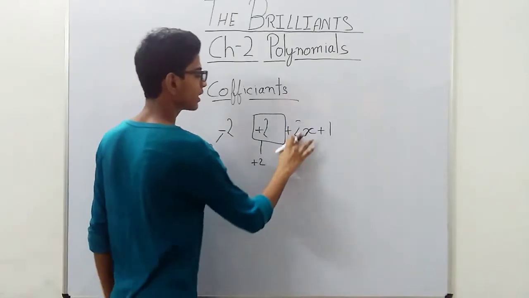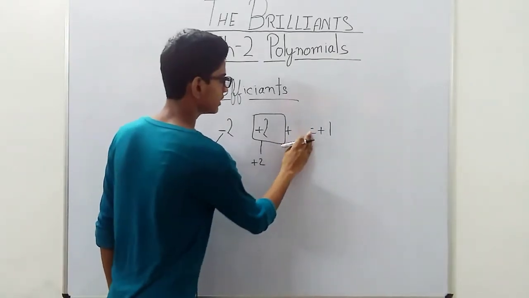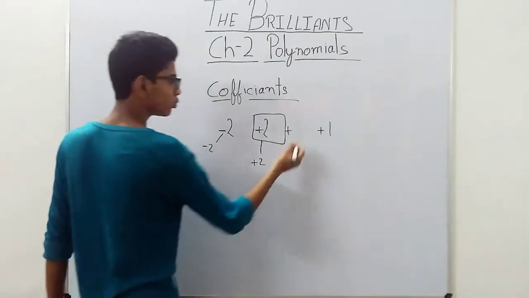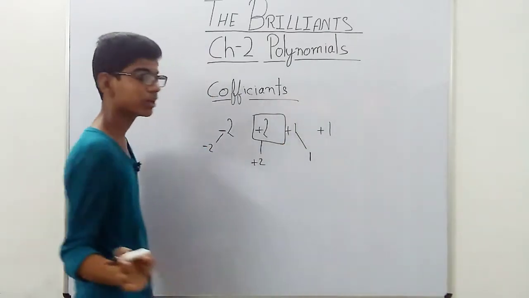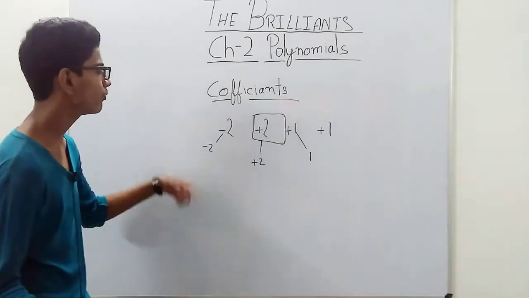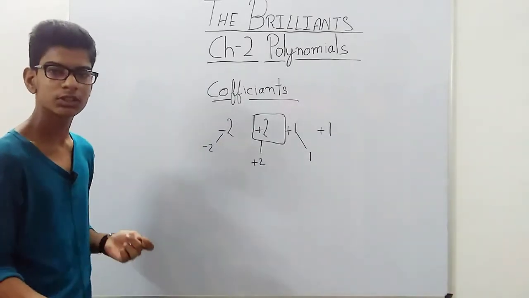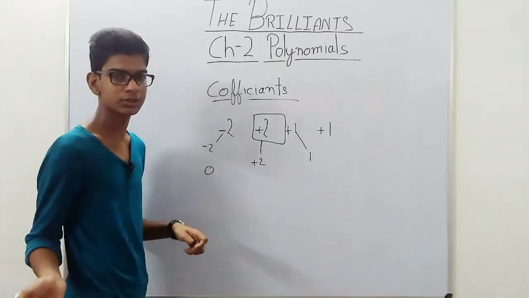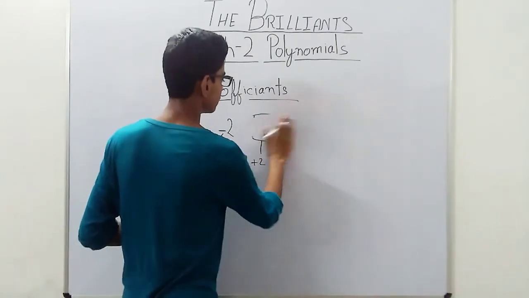And if there is no visible coefficient, and we erase the x and nothing is left, then nothing means 1 is there. The coefficient of x will be 1. And now if we want to find the coefficient of x to the power 5, there is no x to the power 5 here, so the coefficient of x to the power 5 will be 0 simply.